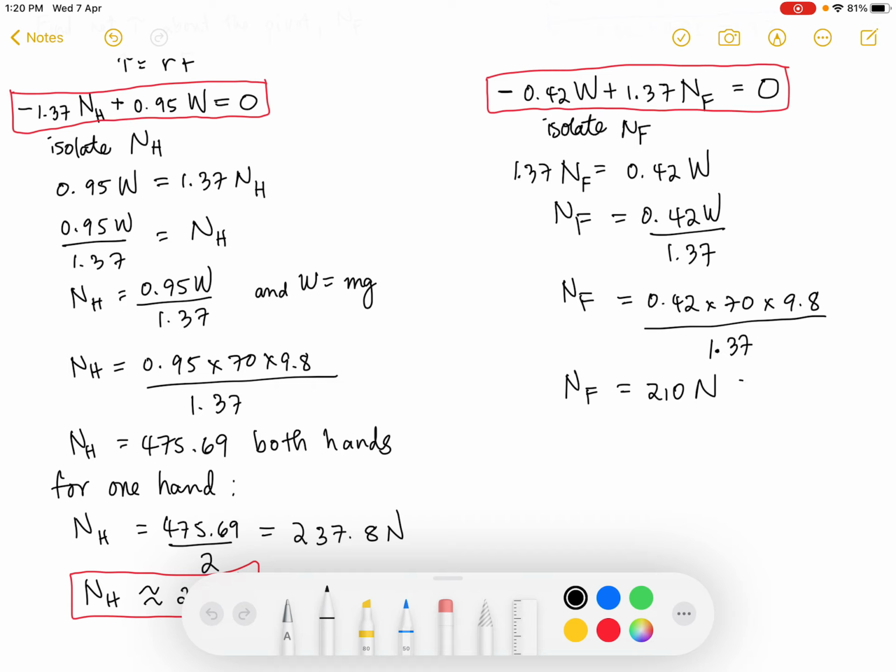This is for both feet. So for 1 foot, you divide 210 by 2, you have 105 newtons for 1 foot. Let me just write that down here. So that's for 1 foot.